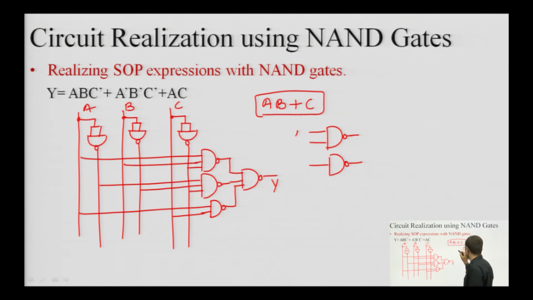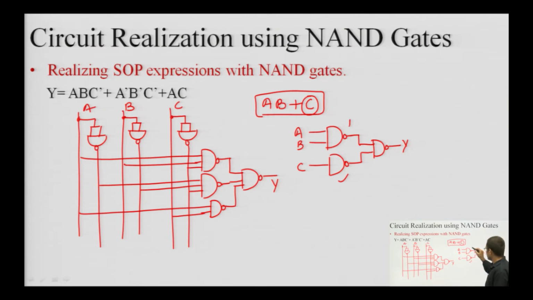There cannot be a direct connection. This is my circuit for this A B plus C. This C, which looks like a plain variable, also has to pass through a NAND gate, only then it is equivalent.